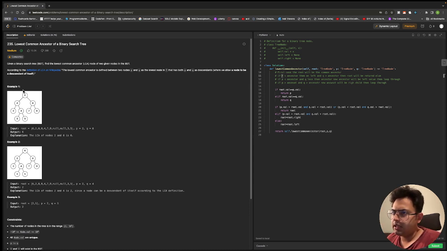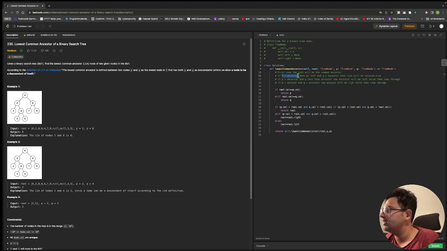Then I saw a pattern. The pattern is simple: if both nodes are on opposite sides, so suppose P is less than the root and Q is greater than the root, then it's obvious that the root will be the parent, because in any case both have to be traced back to that node. In this case, we are given 2 and 8. 2 is less than 6, correct?